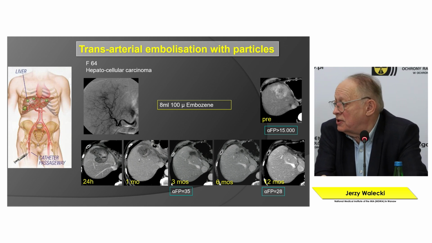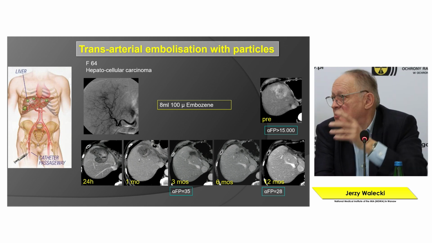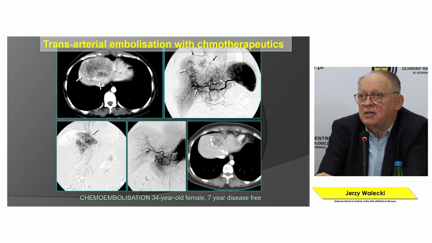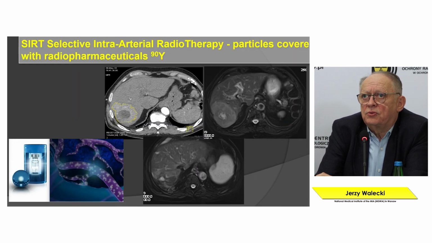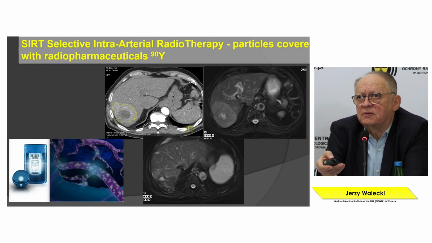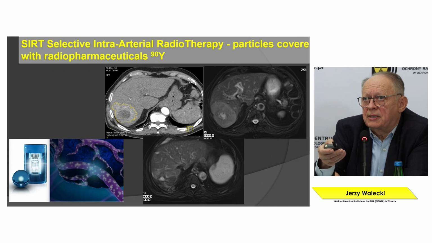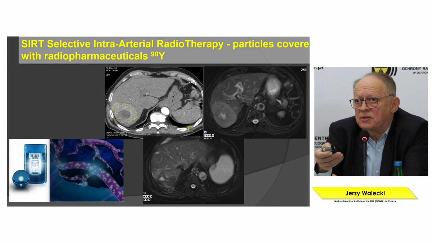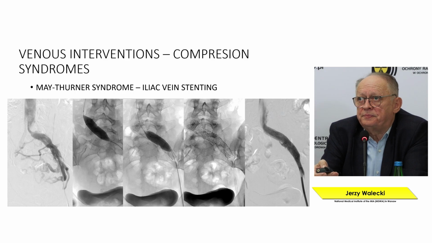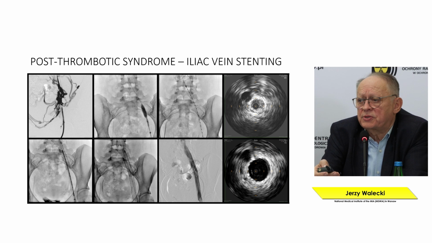SIRT is one of the methods of administration of isotopes. Then the catheters have to be inserted into the vessels. This is an example of selective intra-arterial radiotherapy using Y90 radiopharmaceutical used in this kind of therapies.